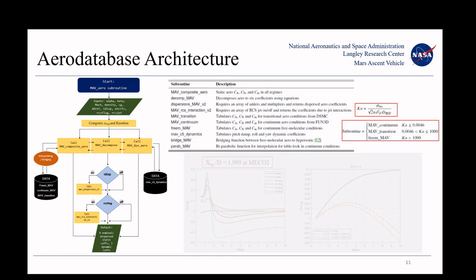So far, the MAV holds a bunch of subroutines. There's a composite aero, where we're switching 3 DOF data, CA, CN, CM, into 6 DOF forces and moments. Then we also have a bunch of other ones where we contain the data. MAV transition contains the rarefied flow.